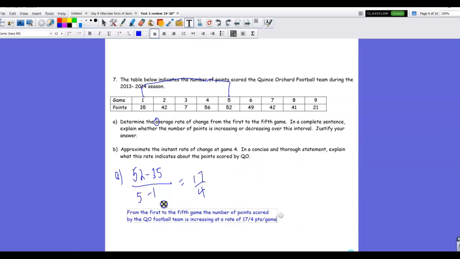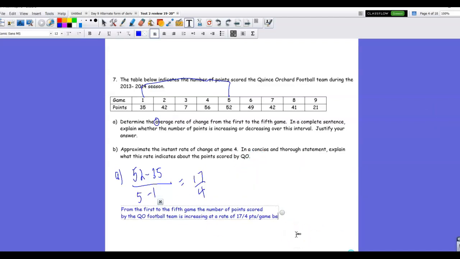Let's move that down here. Points per game, because the average rate of change is positive.